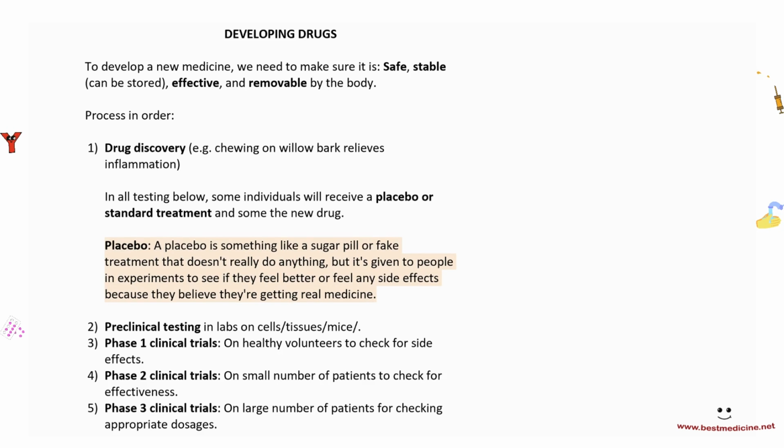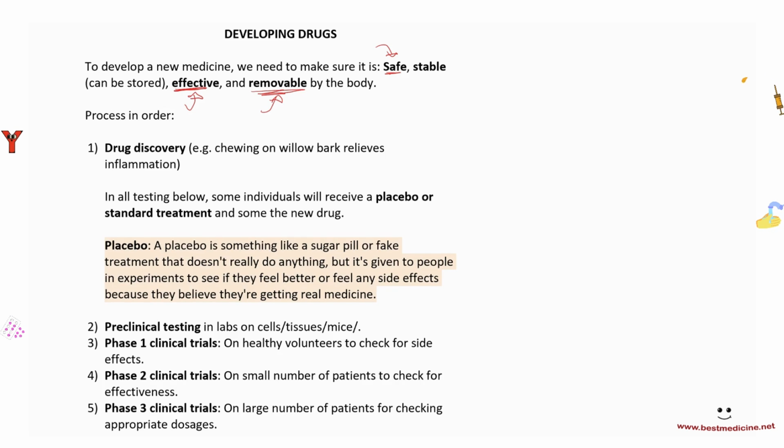To develop a new medicine, we need to make sure that it is safe. First of all, it is stable, which means that it can be stored. It is effective, it works. Not only is it safe for individuals, meaning it doesn't have side effects, but it also treats the disease, and it is removable by the body. You don't want the drug to start accumulating in the body, because that would be disastrous.